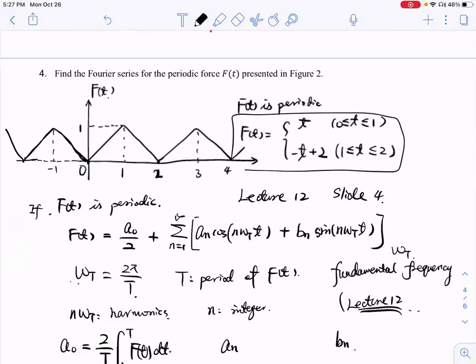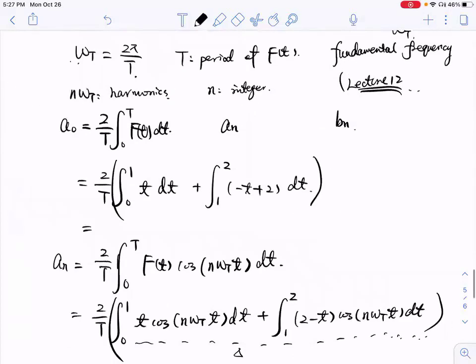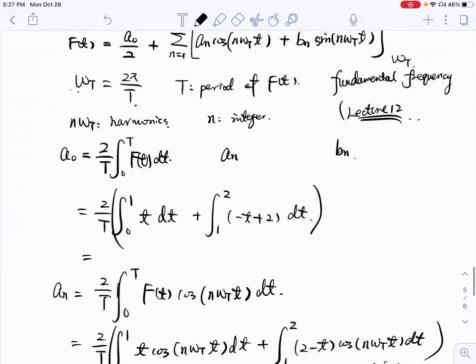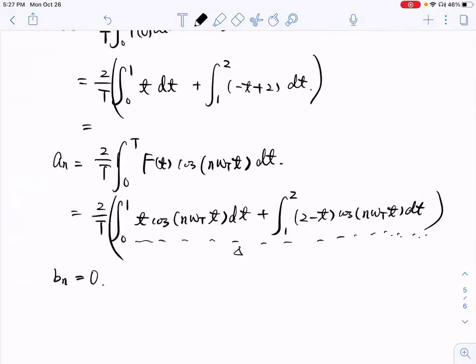If it's an odd function, then all the A values are 0. So that's a good way to check your Fourier series coefficients. For example, if in this case you get Bn not equal to 0, that means something is wrong in your calculation. All right. So that's how you find An, Bn, and A naught.